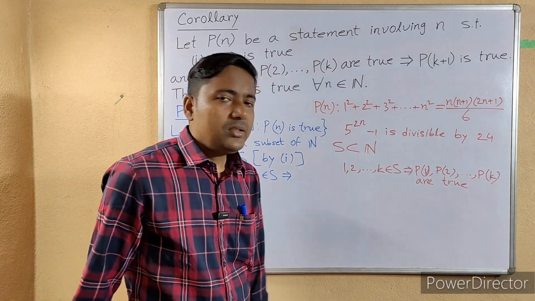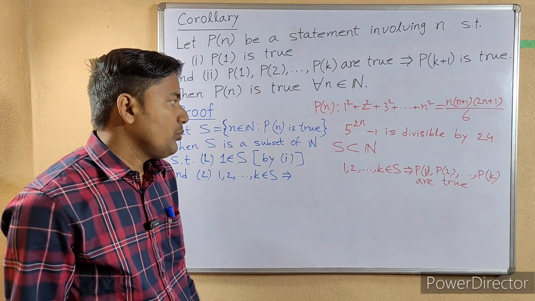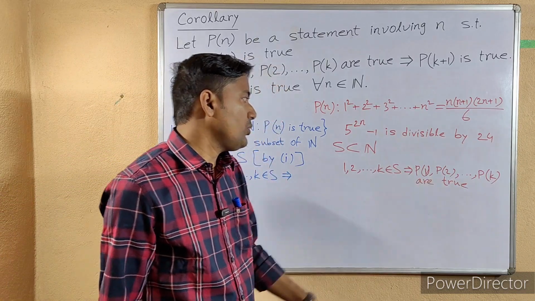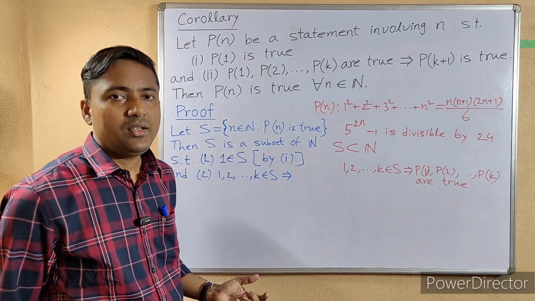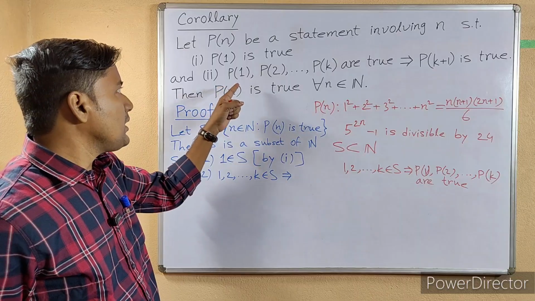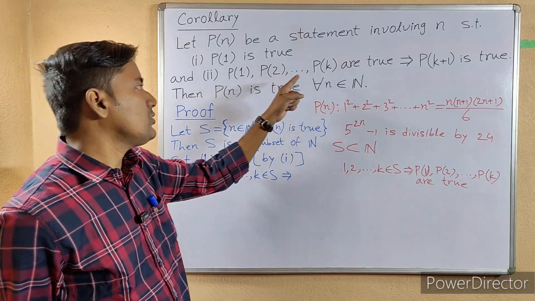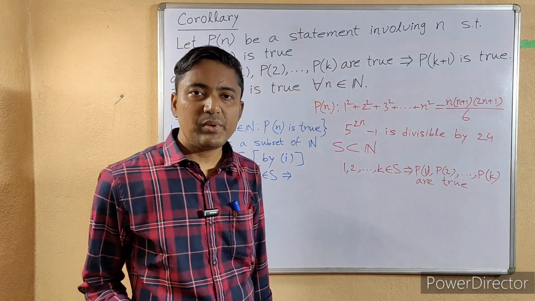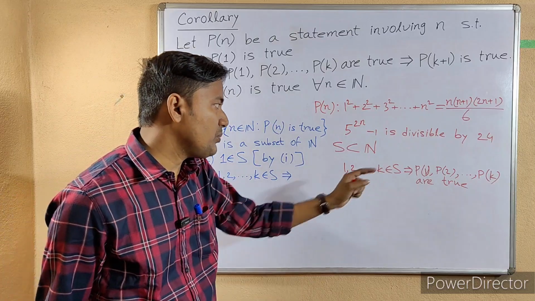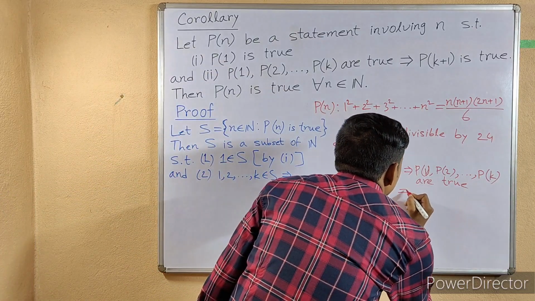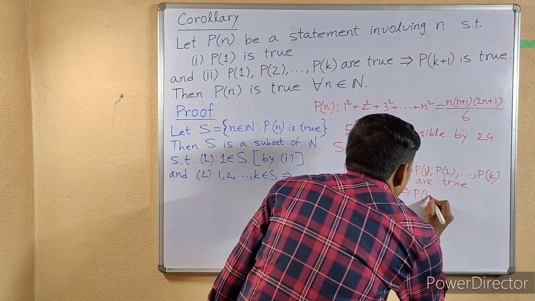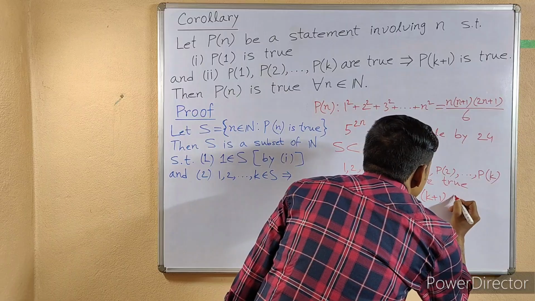And this implies what? From the second given condition we have P1, P2, dot dot dot Pk are true implies Pk plus 1 is true, so this implies Pk plus 1 is true.